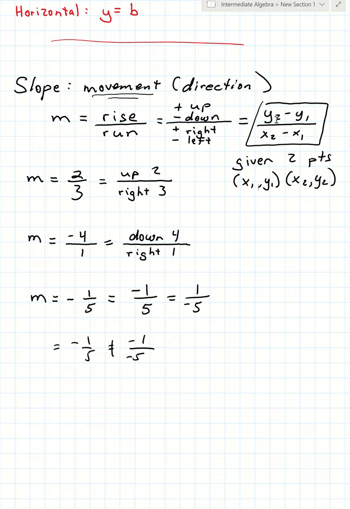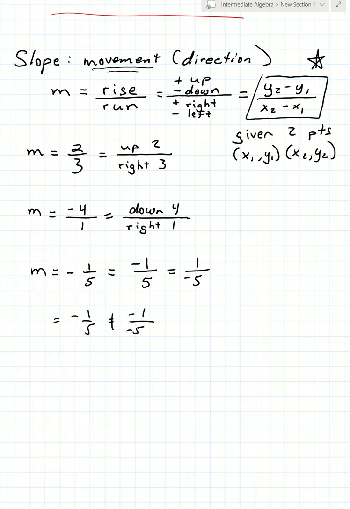I want to spend some time talking about this formula. Slope is a very fundamental algebra concept. It is extremely important because it's going to lay down the foundation of future math classes like calculus. In calculus, you use slope extensively, so it's very important that you understand slope, as it will help you with your future math classes.